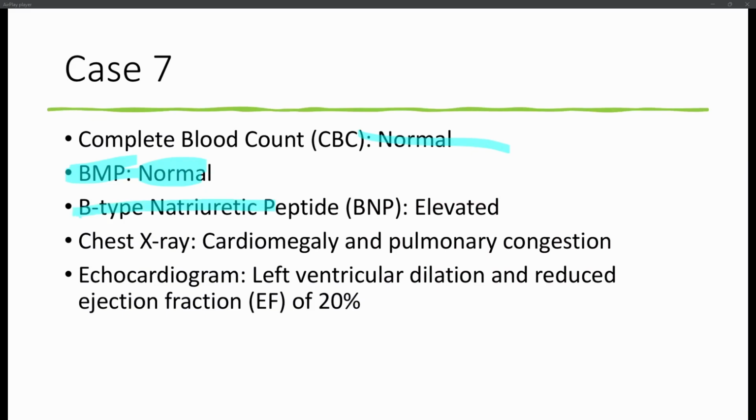BNP. What is BNP? It's a hormone coming out when the ventricles get stretched due to volume overload. It's too much volume. The heart essentially is like a balloon. The more volume you put in it, the bigger it's going to stretch. And it's elevated. And that confirms that we are in fluid overload.